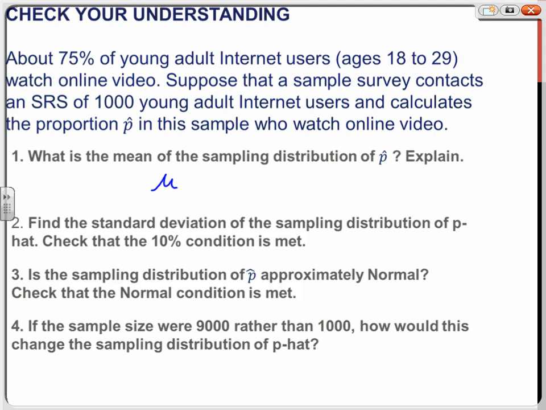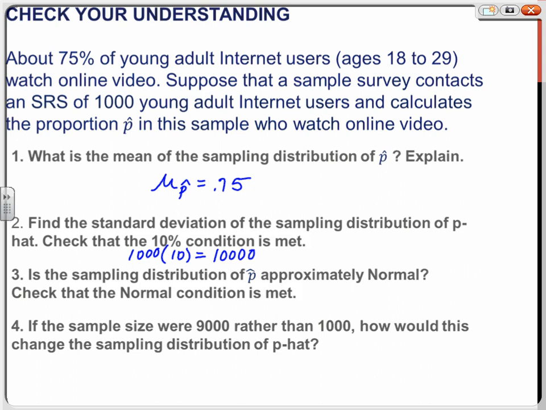Okay, so that's just your p, which was, they told us, 75%. Find the standard deviation of the sampling distribution. And we have to make sure that the 10% condition is met first. So I'm doing an SRS of 1,000 times 10, which is 10,000. And I'm going to guess that the population of young adult internet users is definitely greater than this.